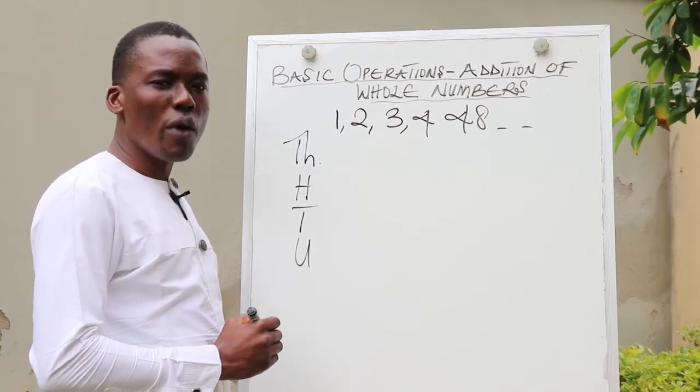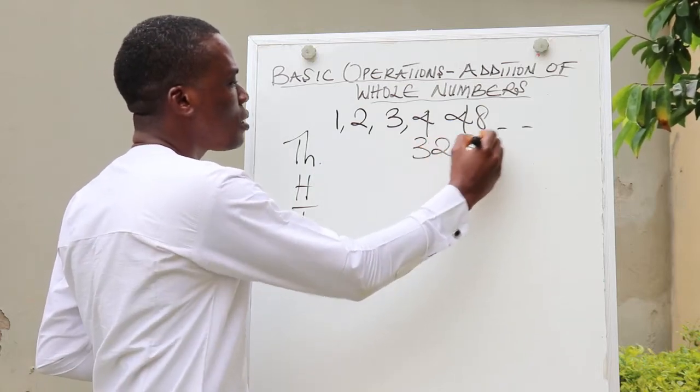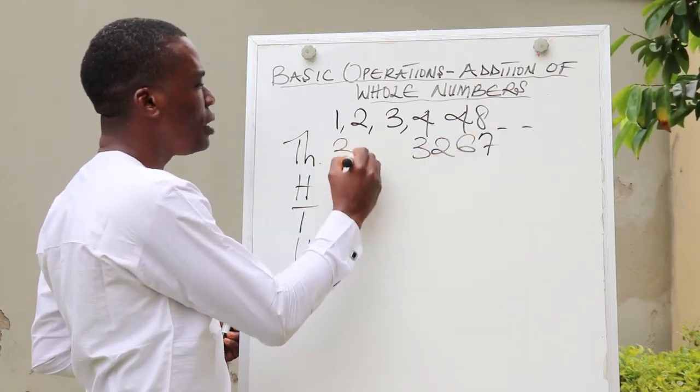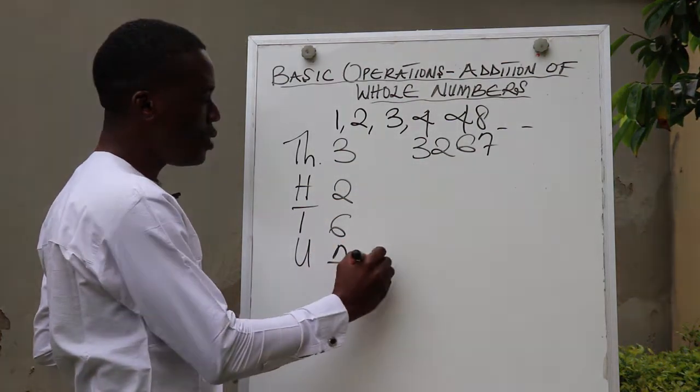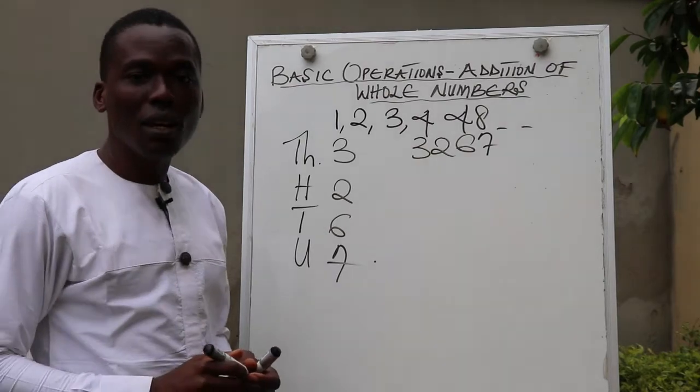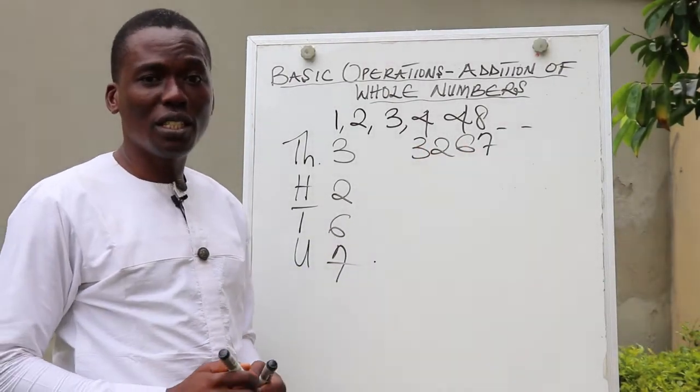Units. So when we have a number 3, 2, 6, 7 and they are arranged in such a way that each of them represents each of these segments, we say they are what? 4 digit numbers.